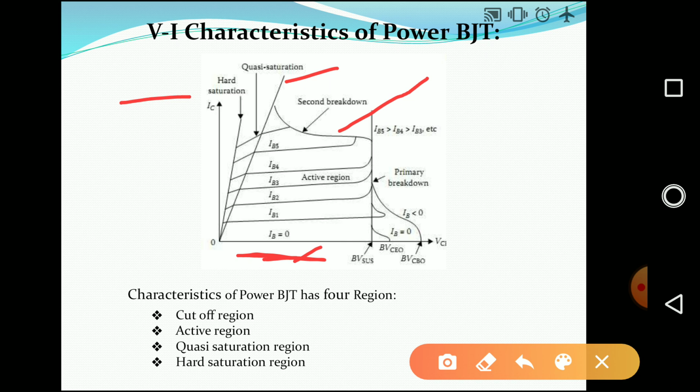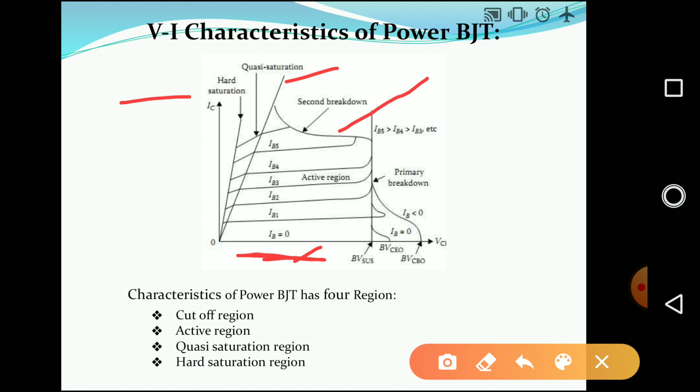Next, the second one is the active region. In the active region, as we already know, the input junction is forward biased and the output junction, the CB junction, is reverse biased. In that condition, the BJT operates in the active region.